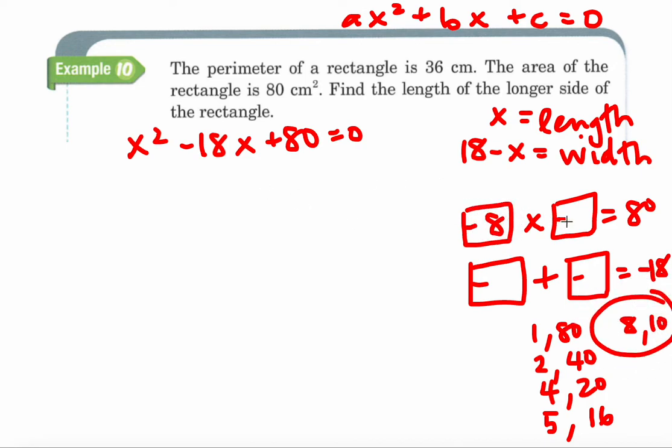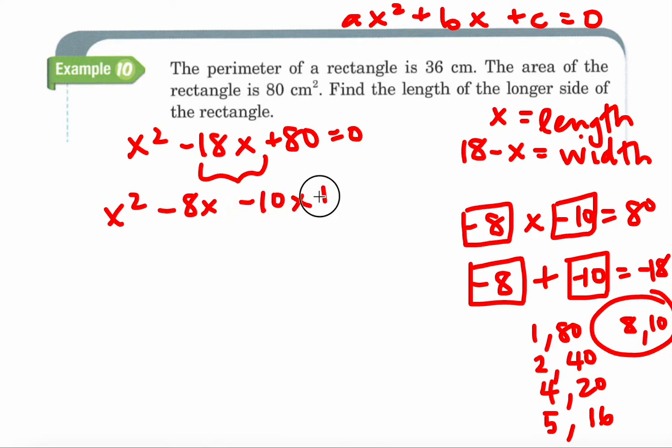Okay, so negative 8 times negative 10, negative 8 plus negative 10. Perfect. So I get x squared minus 8x minus 10x plus 80 equals 0. And then I might want to group these two together.